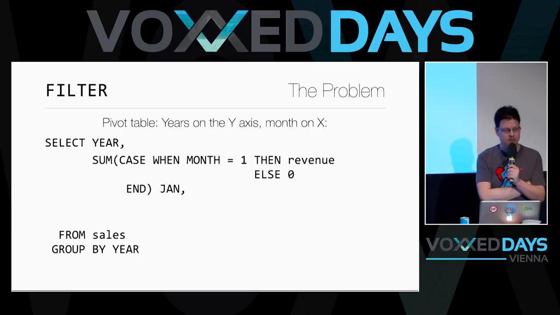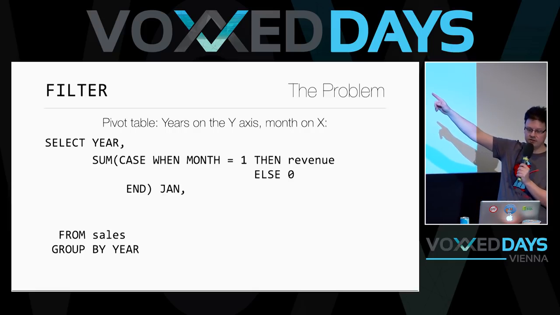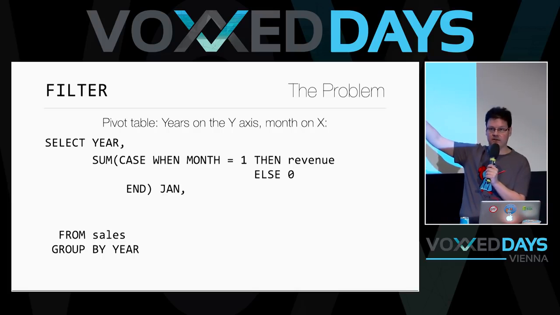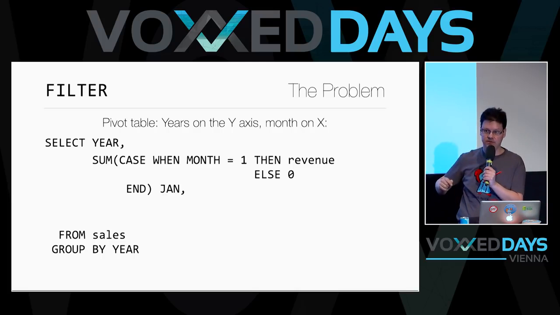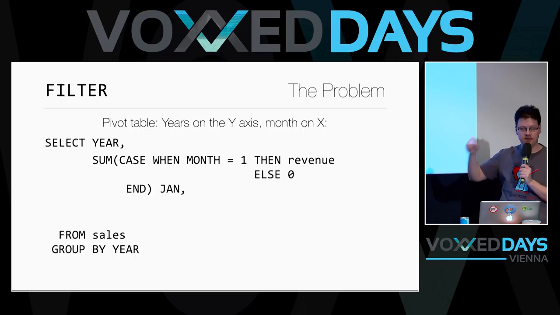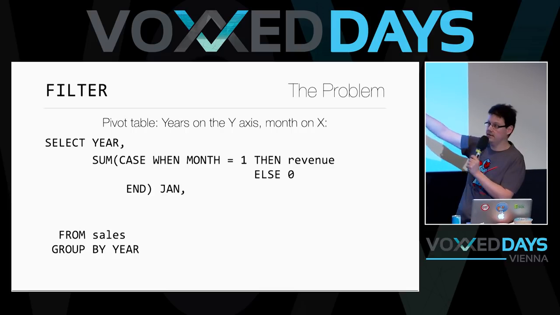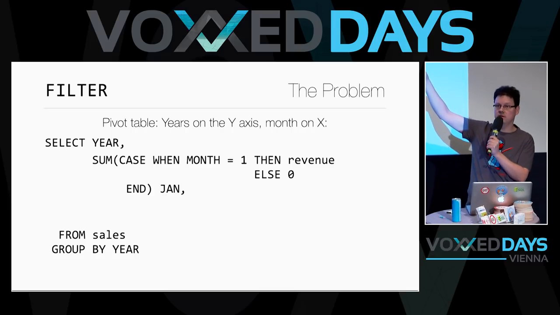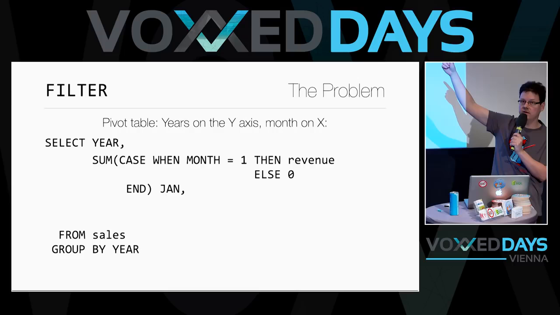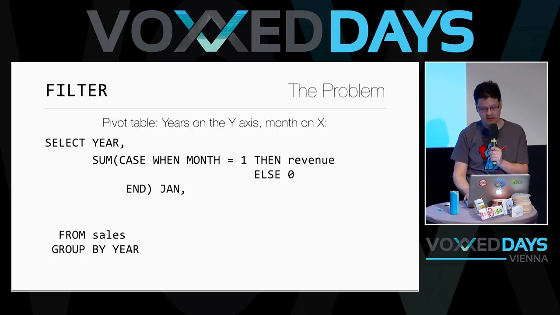And then there is the funky part. I'm building the total, so I'm using the sum aggregate function. And inside the aggregate function, I'm using a case expression. I'm checking, is this value belonging to the month I'm interested in, first month, January? If so, I take it. Otherwise, I just take 0 to not change the result of that. Yeah, funky. That's indeed one way to do pivot here.